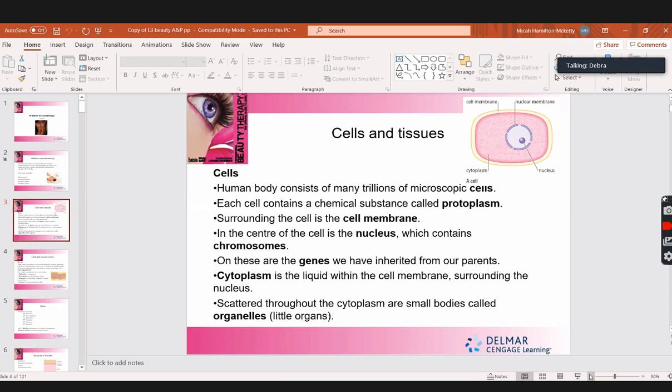In the center of the cell, the nucleus, it contains chromosomes. Chromosomes are things that tell us or lead us to say whether we're going to have brown or blue eyes, blonde hair, red hair, dark hair, and we get half our chromosomes from our mother and half from our father.